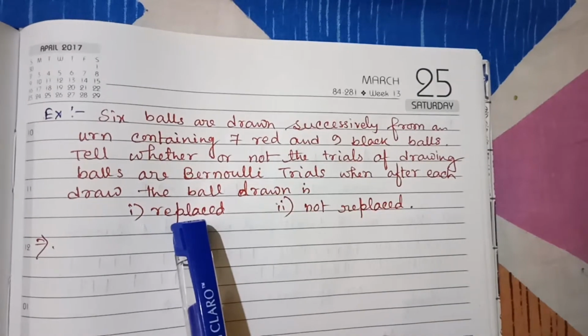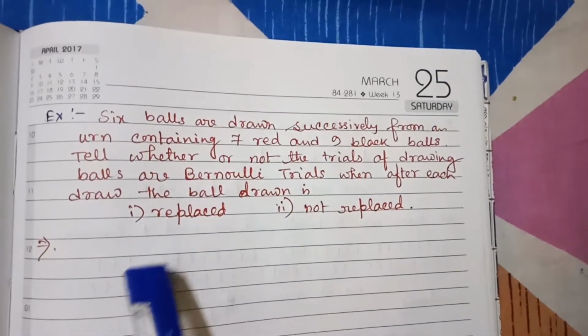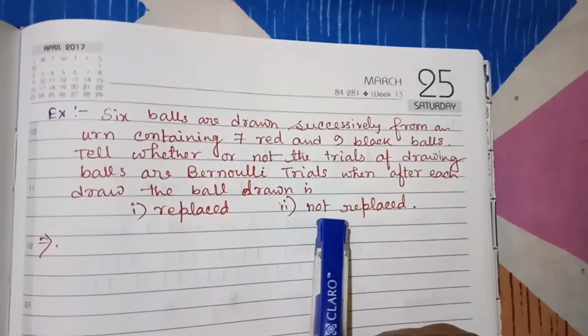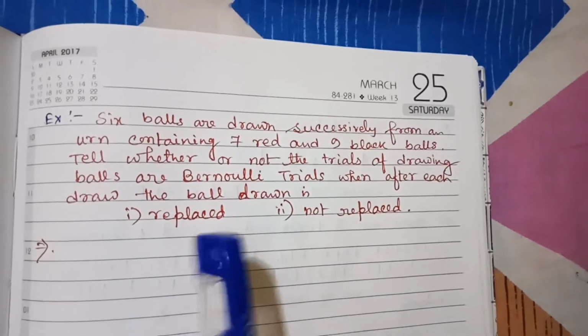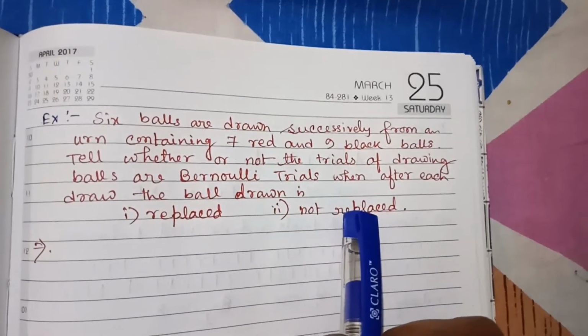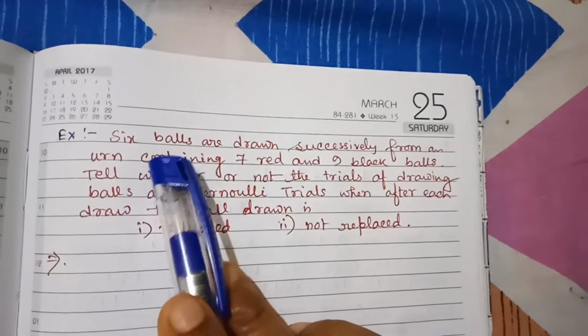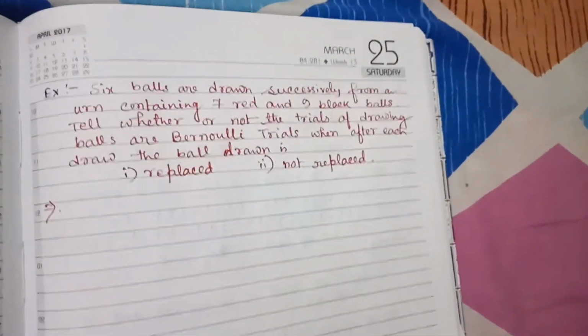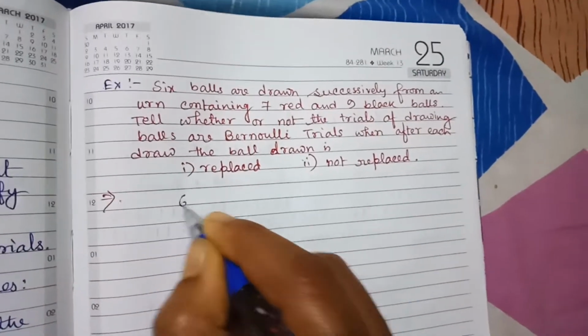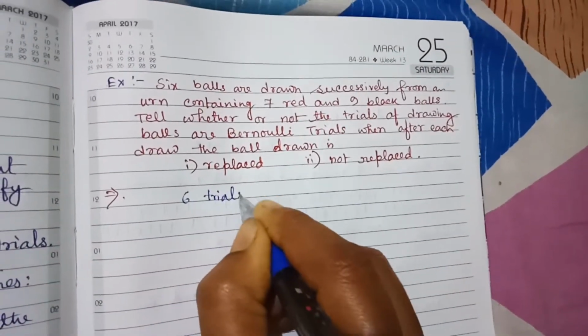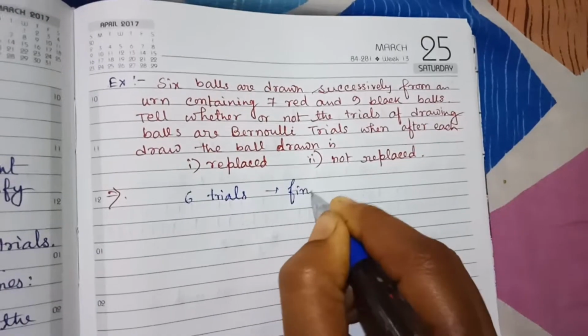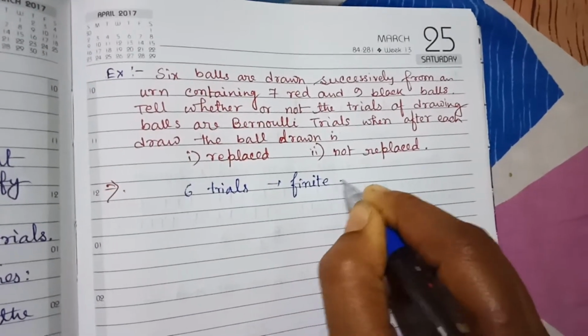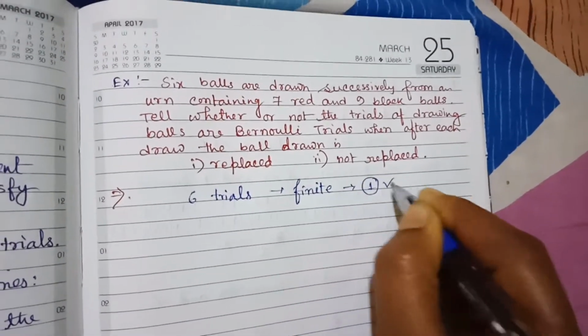First, where the balls drawn are being replaced, and second, where the ball drawn is not being replaced. Look, 6 balls are drawn, that means there are 6 trials, so obviously finite. That means condition number 1 is satisfied.